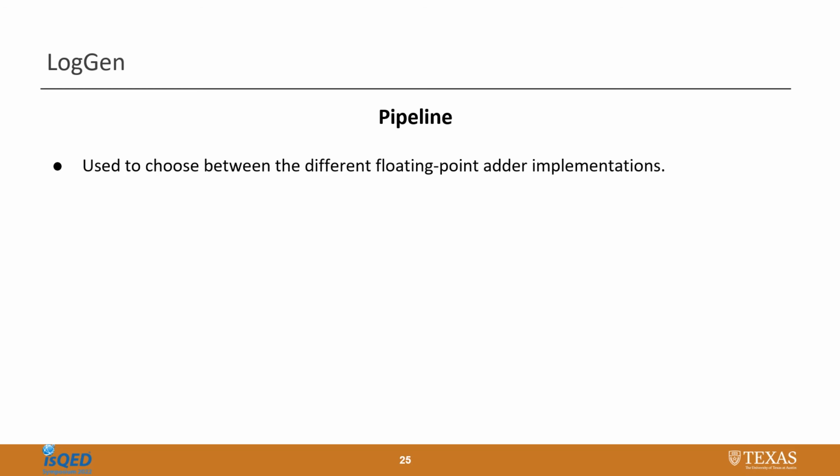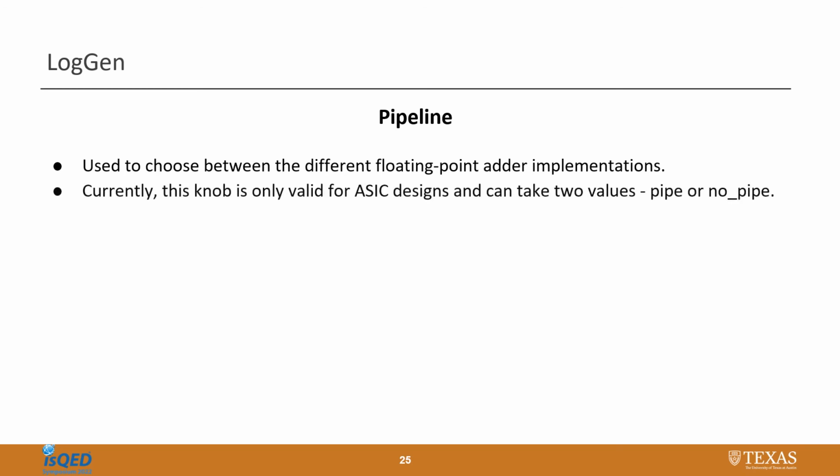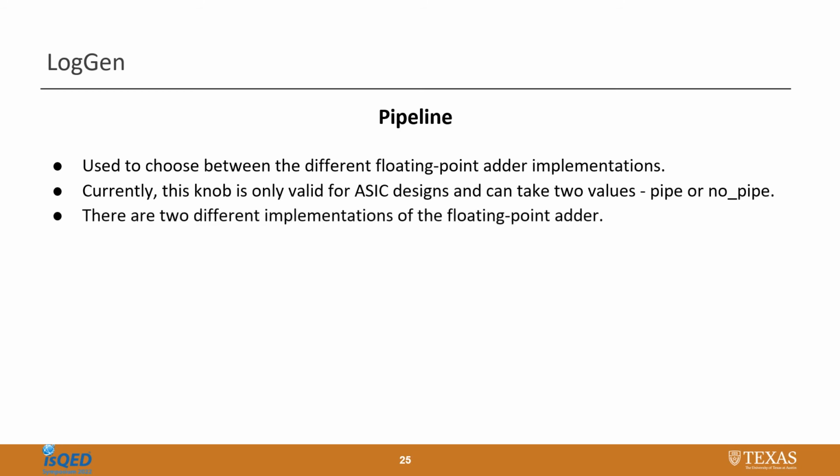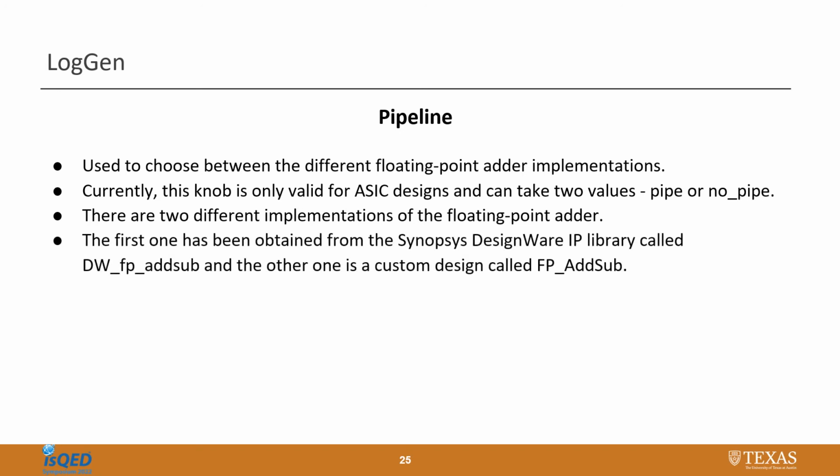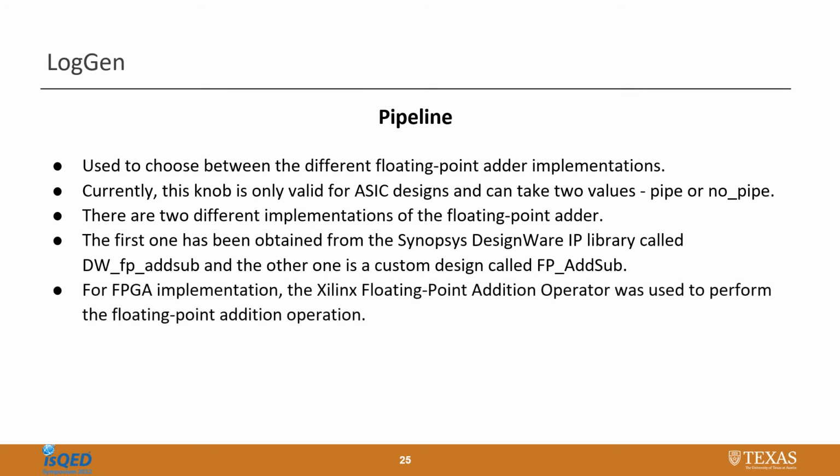The pipeline knob is used to choose between the different floating point adder implementations. Currently, we only provide this knob for ASIC designs, and there are two implementations to choose from. The first one is the floating point adder provided by Synopsys, and the other one is a custom design that has been designed by us. The Synopsys adder is highly accurate but has a large delay since it is not pipelined.